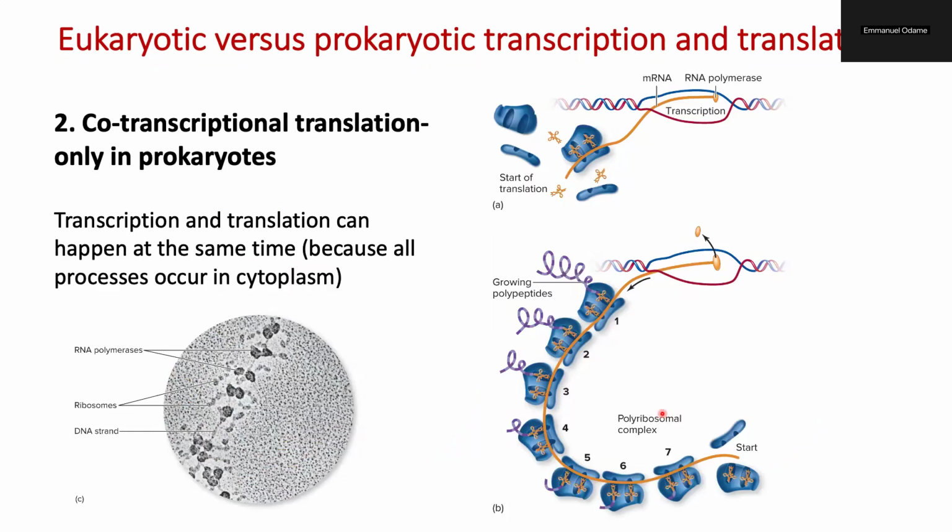Second point to take note of is that co-transcriptional translation only happens within the prokaryote. As you realize from the previous slides, the whole thing happens within the cytoplasm of the bacterial cell, but in eukaryotes, transcription happens within the nucleus before the RNA is moved out.